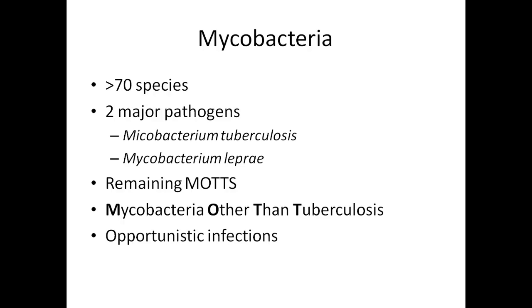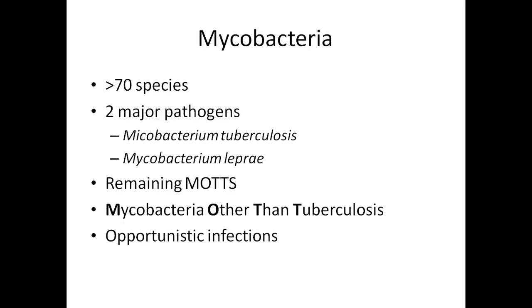We don't see much in the United States. In other countries it's more prevalent, where they get this kind of white colored skin that breaks down very easily. So those are the two major pathogens, the Mycobacterium tuberculosis and Mycobacterium leprae.